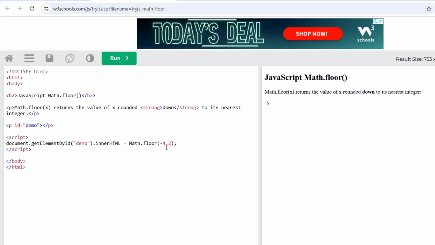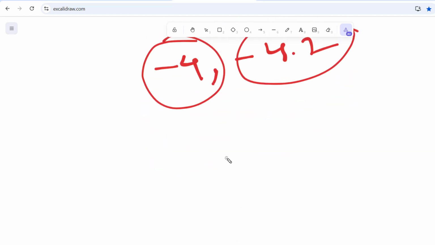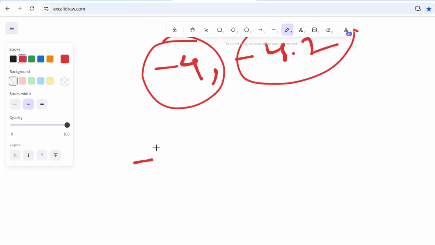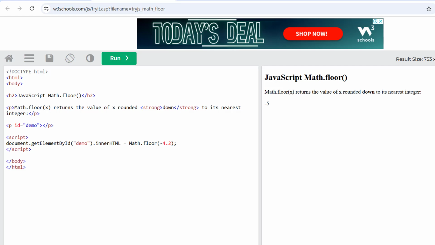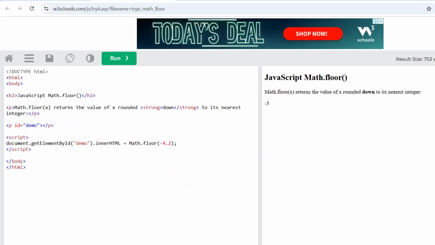So which one is in between minus 4.2 and minus 5? Which one is greater? Which is close to 0? Minus 4.2 is close to 0, so this is greater than minus 5. So Math.floor will go downwards. Floor means below. So it's minus 5, nearest downwards.